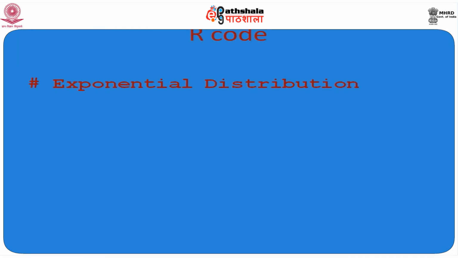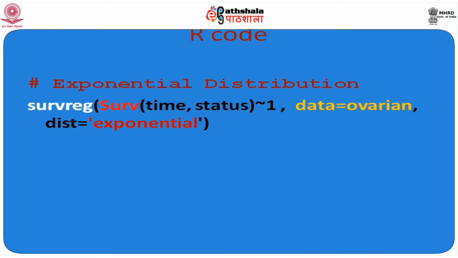Here we will illustrate the R code for exponential distributions. Earlier we saw survfit, with the capital Surv function given with time and status. Here we are using a new function called survreg, which is useful for a regression approach.